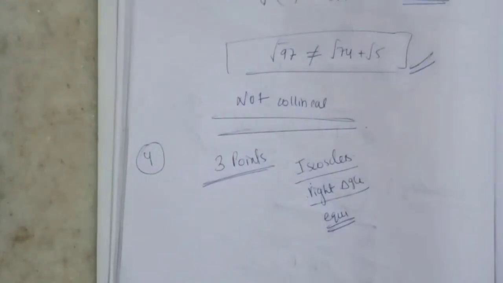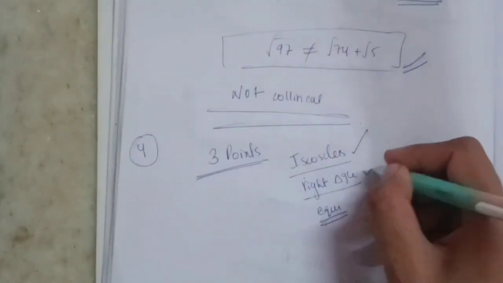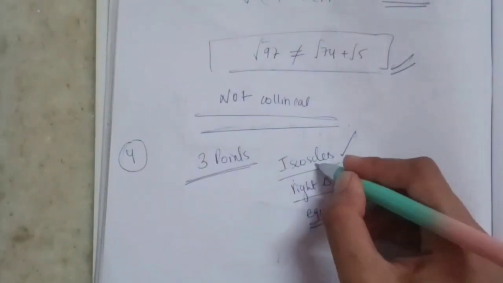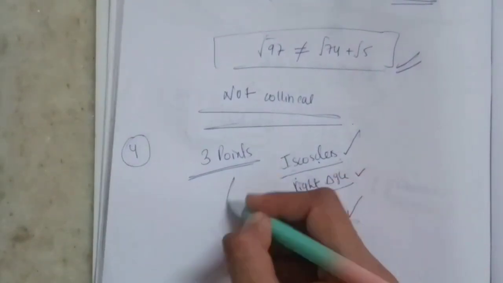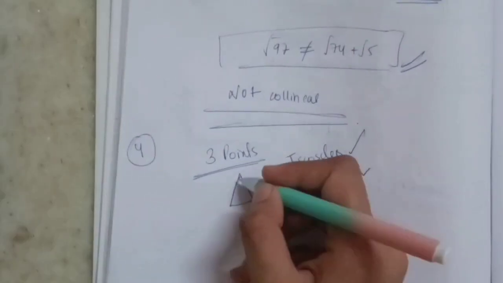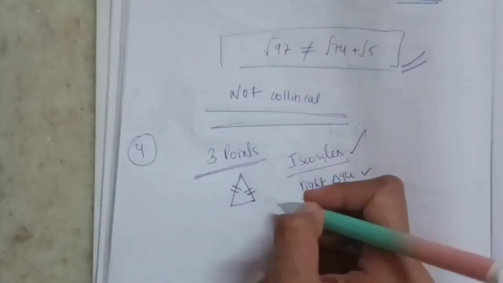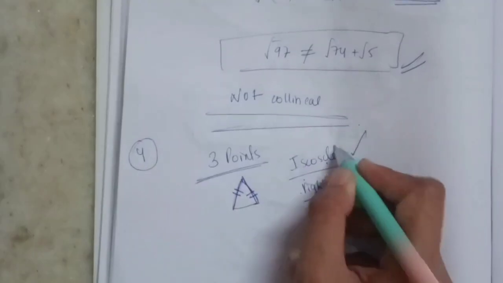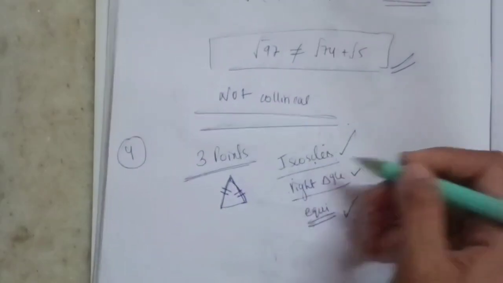How can we find? We should understand the concept. What does isosceles triangle mean? It means two side lengths are equal in a triangle. So if these two lengths are equal, then it is called an isosceles triangle.